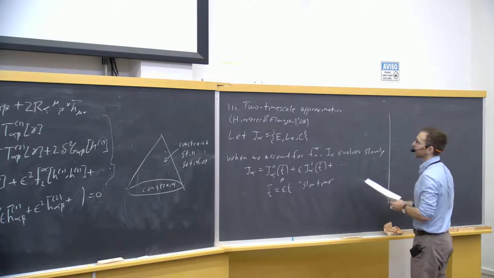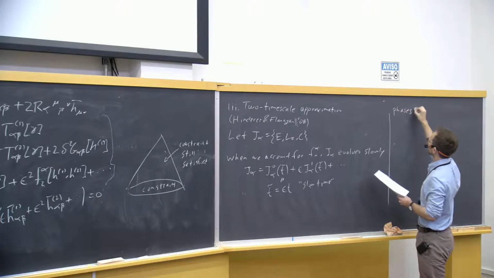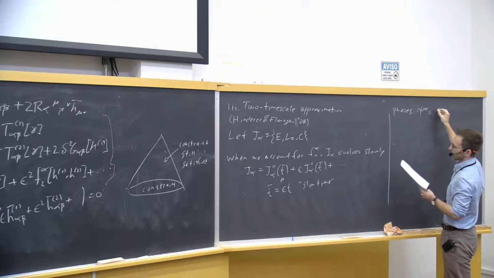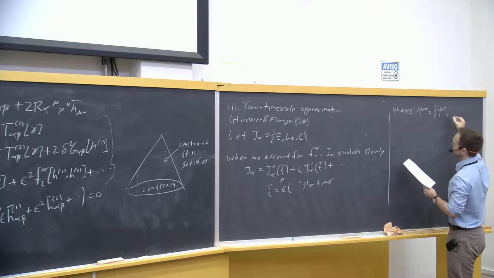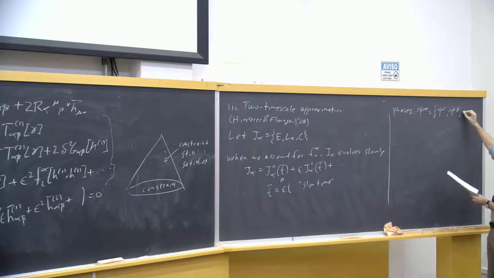Then you have phases, which were that psi r phase I introduced, psi theta phase, and a psi phi phase. So this is just going to be phi on the orbit. Let me call that phi p.